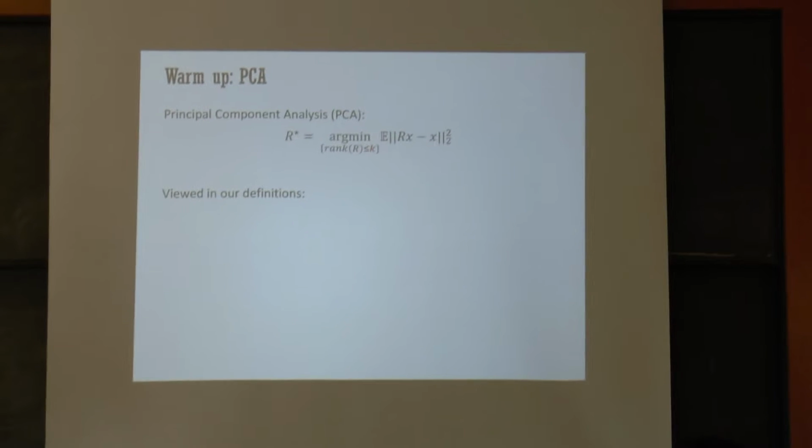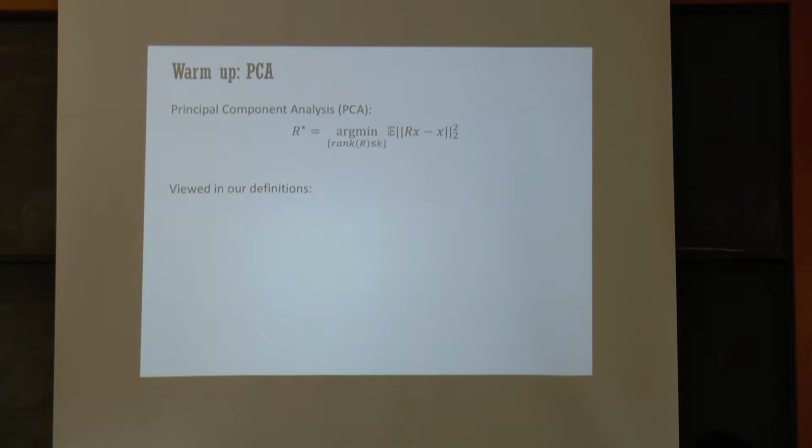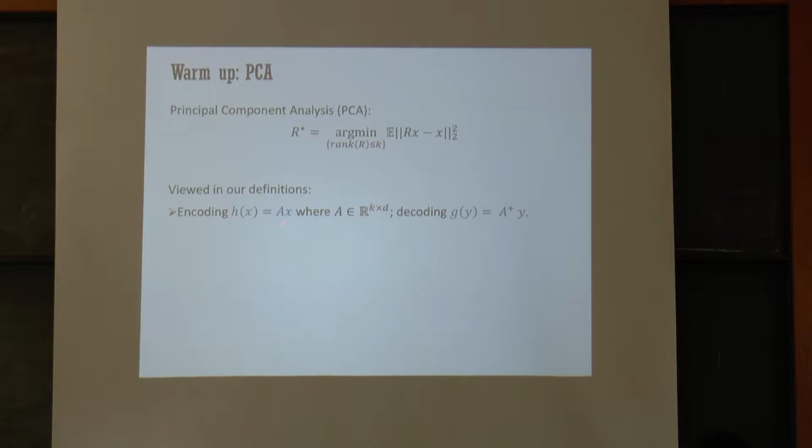Viewed in our definitions, we have an encoding function H, a linear transformation that maps dimension D to dimension K, and the decoding function is just the pseudo inverse times the encoding. If R is the projection before, R is just A pseudo inverse times A, that's the projection to the subspace of the columns of A, and so we just replace R by A pseudo inverse times A, and we get the same thing.